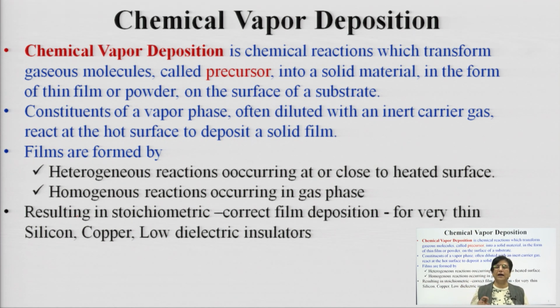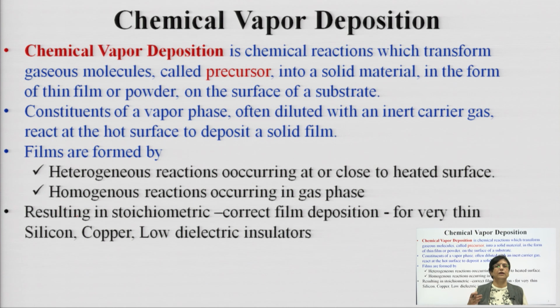The films are formed either by heterogeneous reactions occurring at the heated surface, or by homogeneous reactions occurring in the gaseous phase. Either way, the consequence is the film deposition.